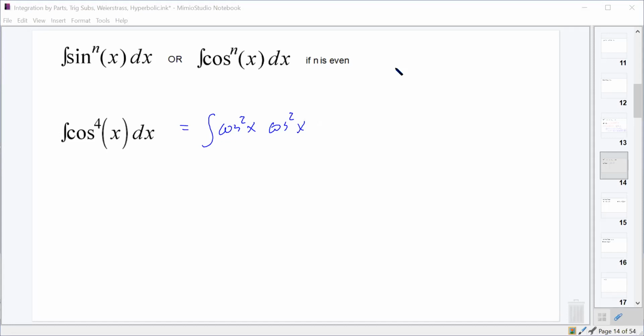So if you're saying you want to make one of those 1 minus sine squared, the problem with that is if I make one of those 1 minus sine squared, and I let u equal sine x, well, then I need to have du equals cosine x, and I don't have just cosine, I have cosine squared x, so that's going to end up being a problem.